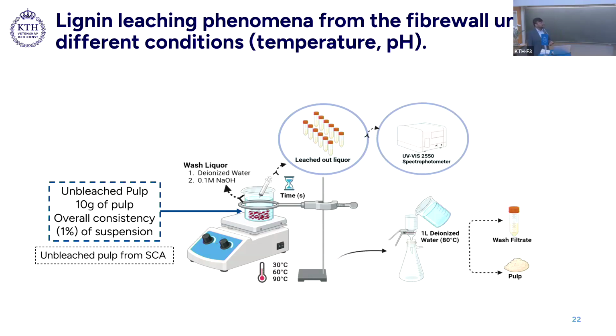The leached-out liquor from the beaker, over the time intervals, was used to measure lignin concentration. The leached pulp was then further washed with 1 liter of deionized water to do the analysis.